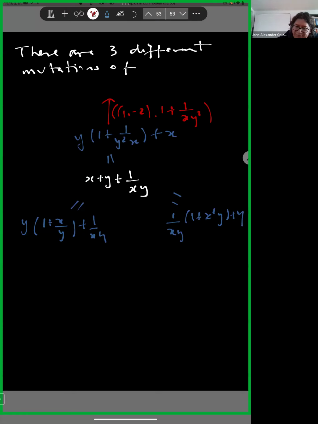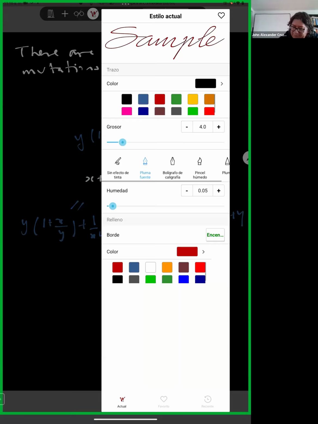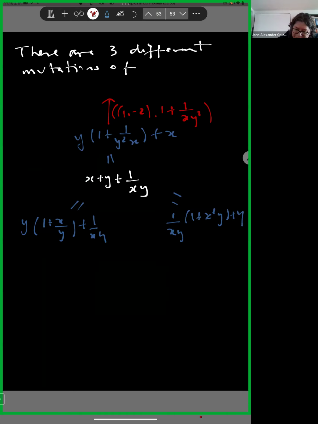And then we get the following polynomial here. So this is the first mutation, y plus x 1 plus 1 x y squared. So that's the mutation in the direction 1, minus 2. We use my previous formula, but here we use the same direction, and you also use the factor that comes from this factor here.